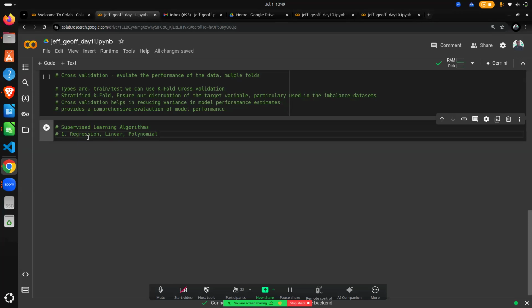Now, the next thing that you need to know when it comes to supervised learning is that we have regression, which can be linear or polynomial. Now, let's also look at classification. Don't worry, I will expand on it.